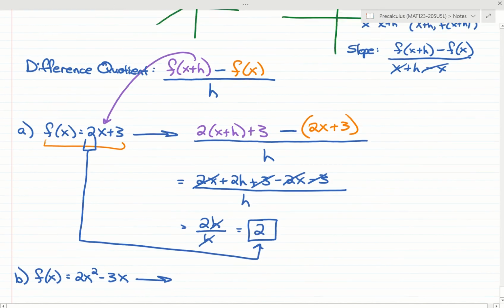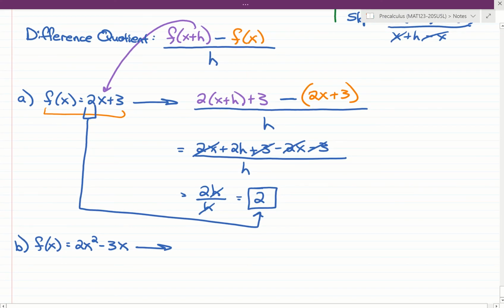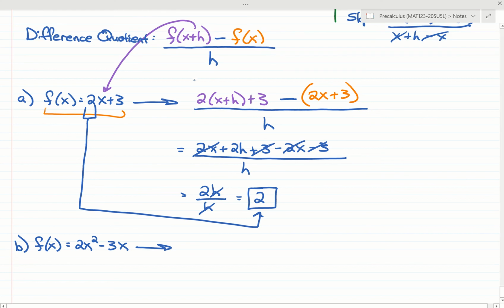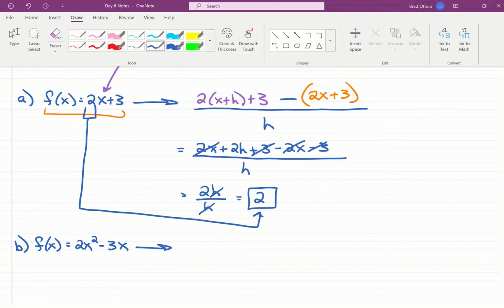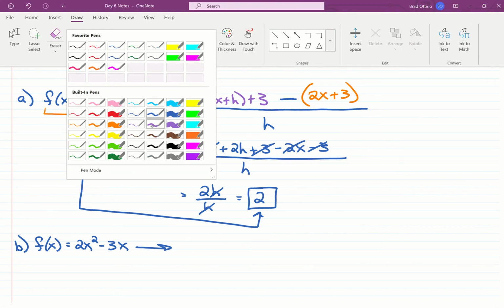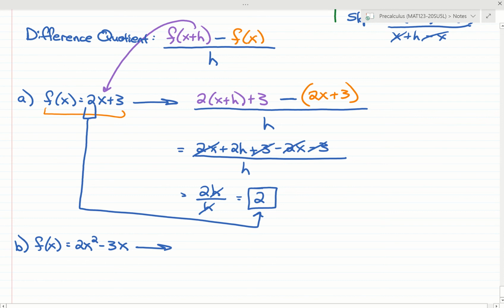First thing we're going to do is find f of x plus h. So if I plug in x plus h for all the x's, that's f of x plus h. Now I'm going to subtract f of x.